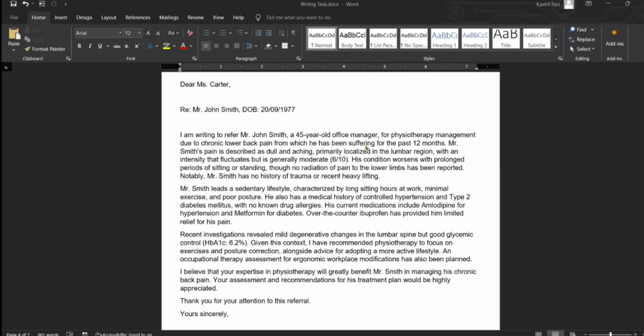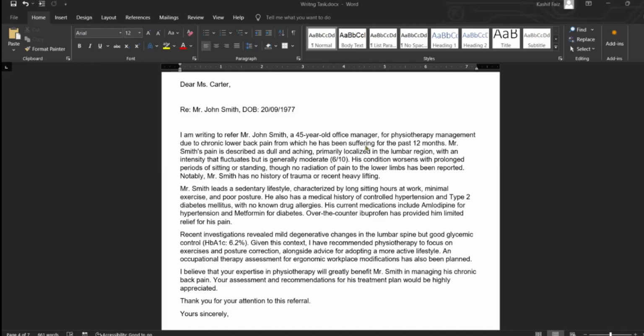Okay. Also, one thing, can anybody tell me? We have mentioned here that he has good glycemic control. We have actually put out the value of HbA1c. Why is it relevant here? He is on medication, metformin, and it shows 6.2.